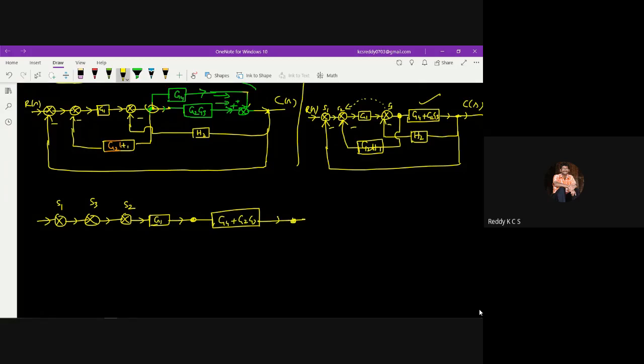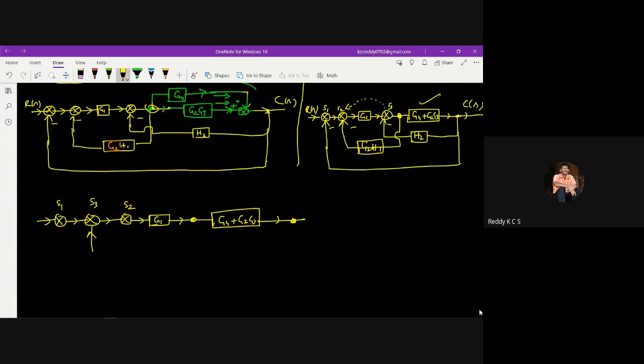Okay, now see here this summing point 3, which is shifted over this G1 block. So when the summing point is shifted before the block, towards the left, what changes do we need to make to that signal? We need to have the reciprocal of the block gain over which I am shifting.